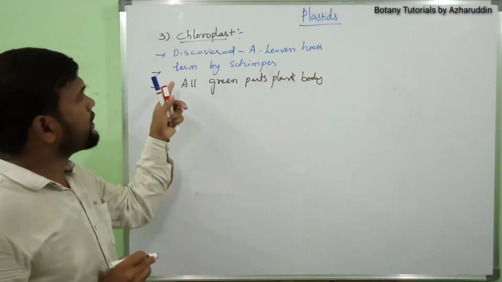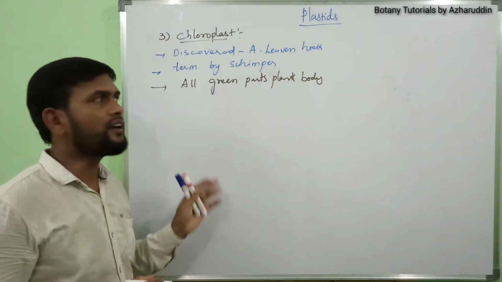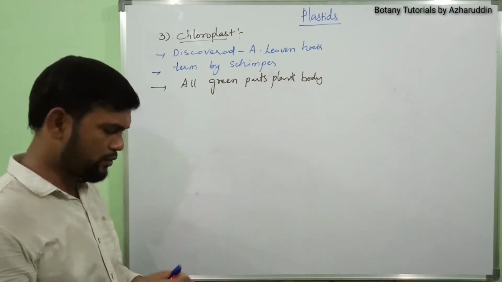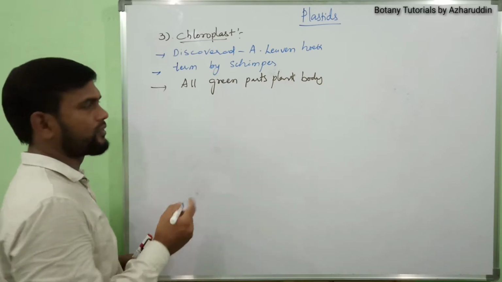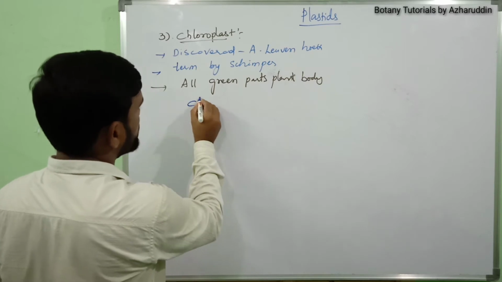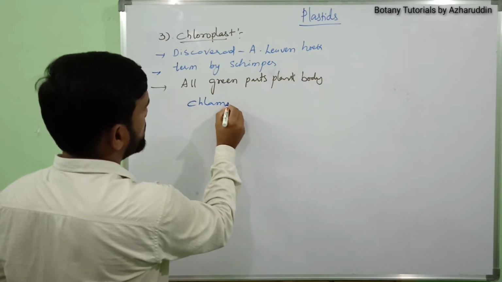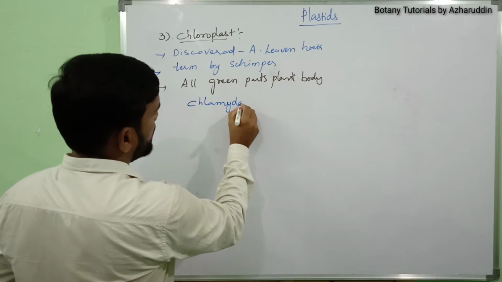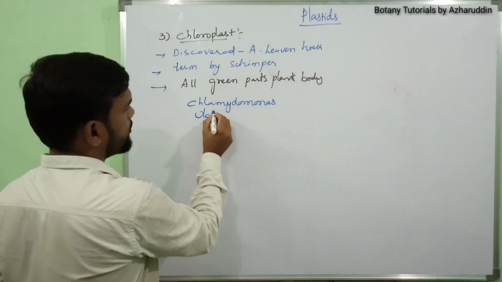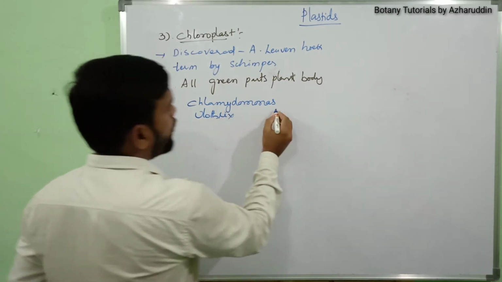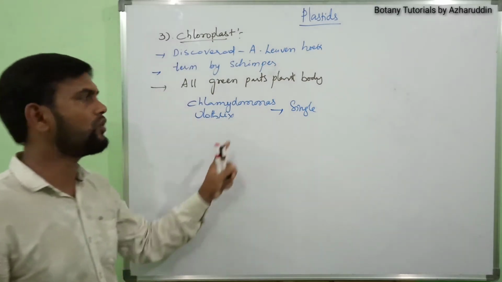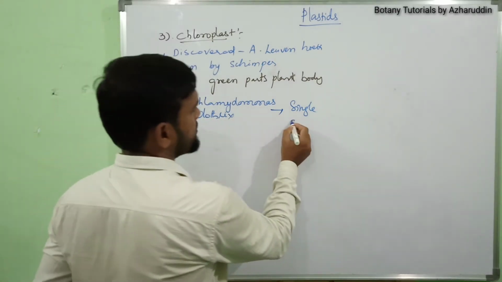Next, the number of chloroplasts varies in different organisms. For example, in some algae like Chlamydomonas and Oedogonium, only a single chloroplast is present.